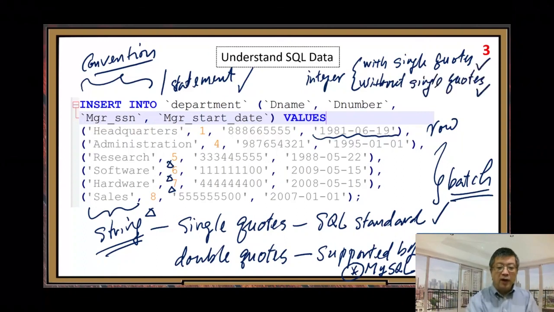Both okay. But most of the time, when we see integer data, we like to use the way without single quotes, because in that way we know this is an integer data type, so we can separate integer and string data.